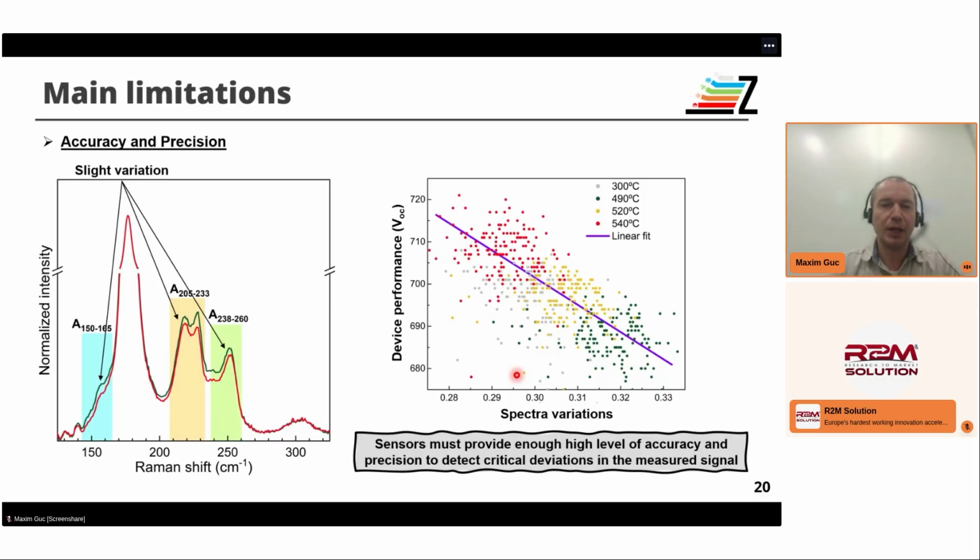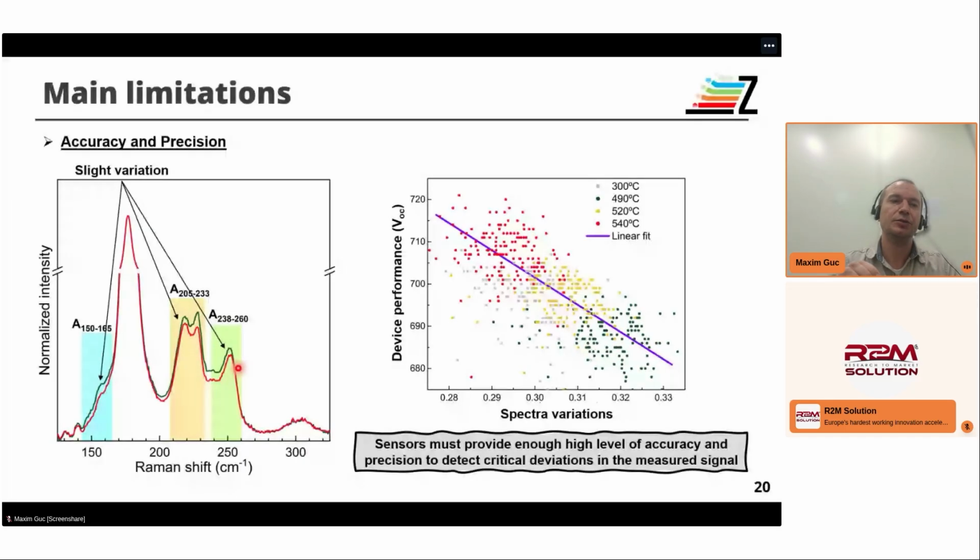We know that the deviation in the Raman signal between different materials and samples is quite tiny, but even these tiny deviations result in a huge deviation in the final performance of the devices. So we need to be sure that our sensor can detect these tiny deviations in the Raman spectra.